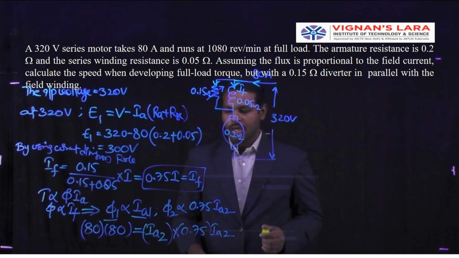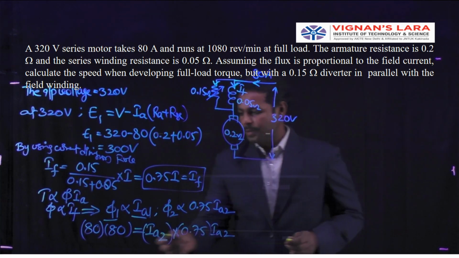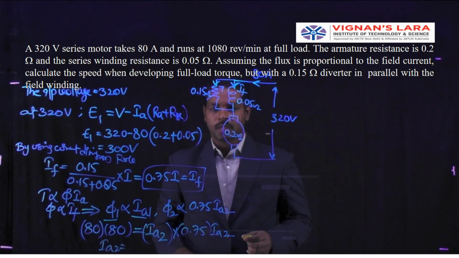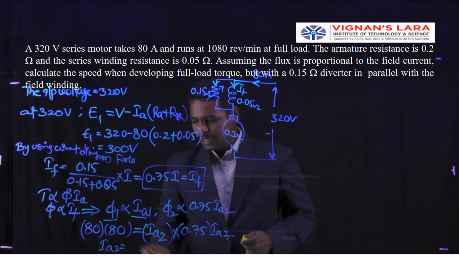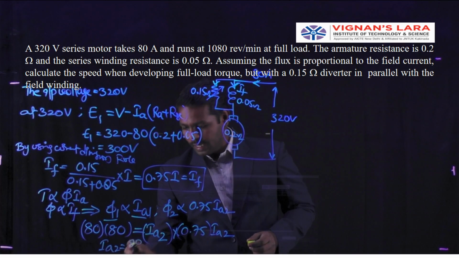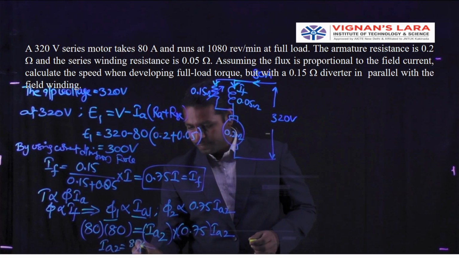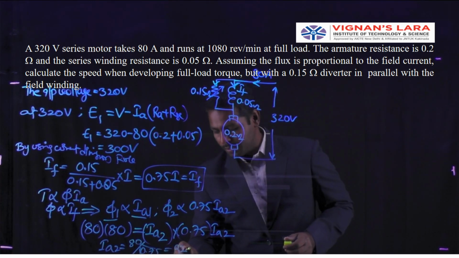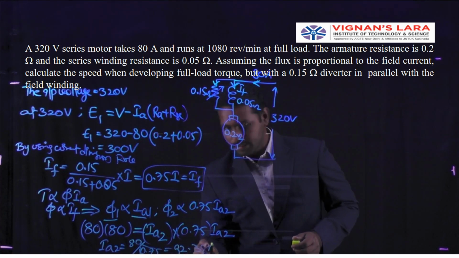From this equation we can find Ia2: Ia2 squared is 80 squared divided by 0.75, so Ia2 is 80 divided by the square root of 0.75, which is equal to 92.38 amperes.